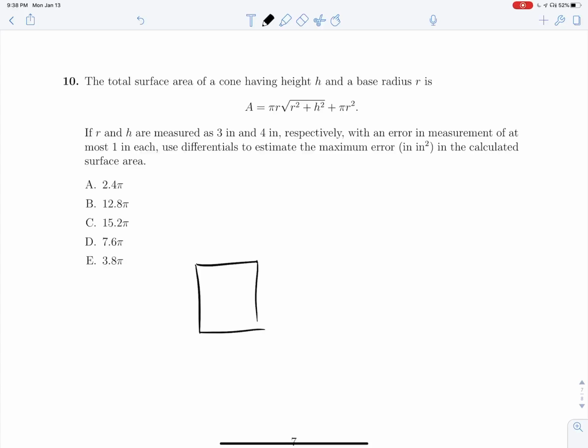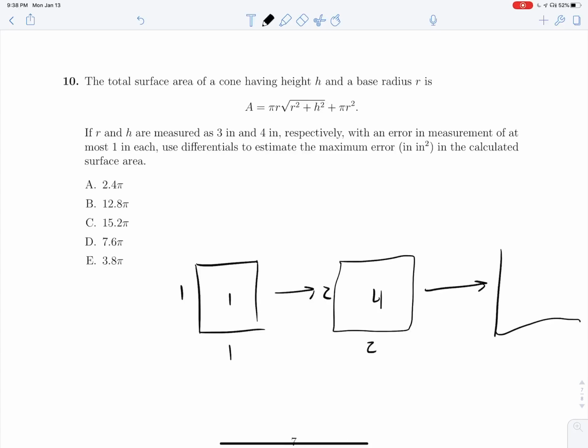A square of side length 1 is going to have an area of 1, but if we increase that, let's say we have a square of side length 2, we now have an area of 4, and let's say 3, 9. So you can see that there isn't a linear relationship. Every unit that we increase in side length, we're getting a lot more out of our area function, and that works the same way for a cone.